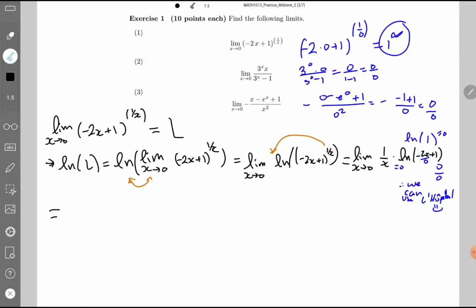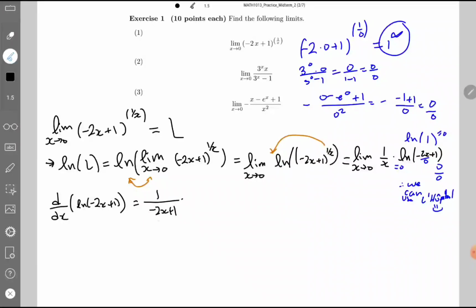So here, we can take L'Hopital's rule, right? What are we going to do? We take the derivative of the top. So what's the top here? We have the natural log of minus 2x plus 1. What does this equal? Natural log, we've already seen a few times. We take 1 over whatever is inside, and then we multiply by the derivative of the inside.